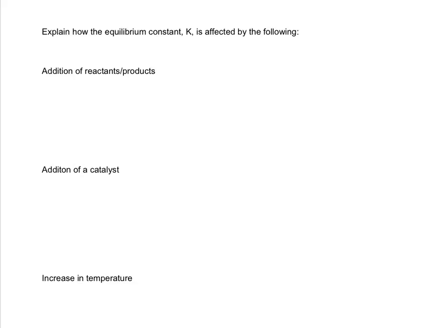So let's say that you have the reversible reaction A yields B. And so K is going to be the concentration of B over the concentration of A raised to the power of their coefficients, of course. So products over reactants like we've always done.